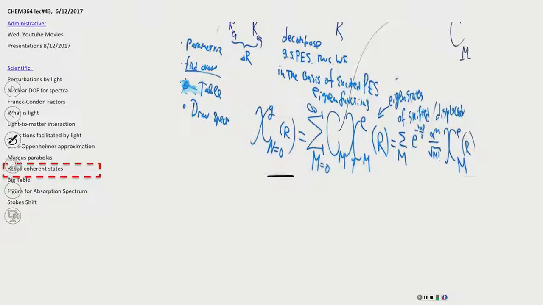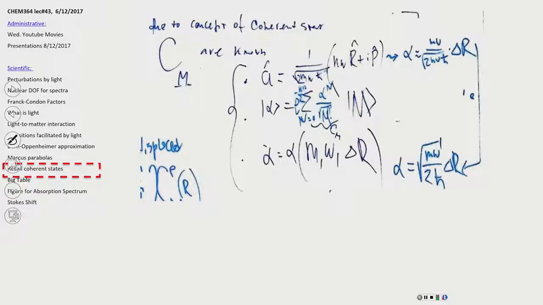And we can immediately assess within like 2 minutes the values of the Franck-Condon factor. So here is the connection between the offset of the position minima converted into this parameter alpha, frequency, mass, h bar.